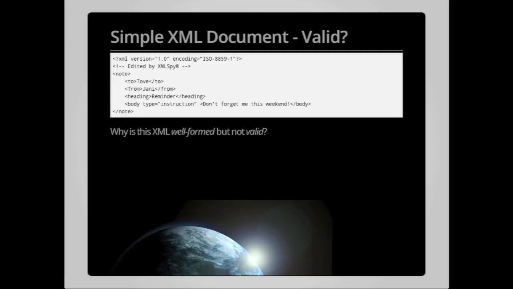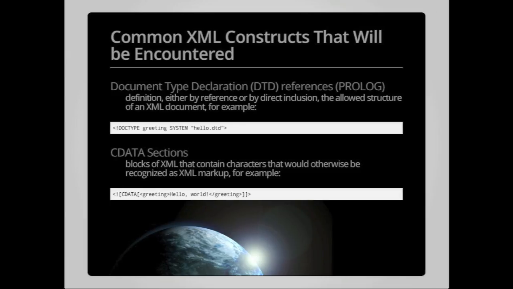And there are some additional elements in XML that you may also encounter. First is a document type declaration within the Prolog. Within that, there's actually the specification of a particular DTD within the Prolog that can be included either by reference or actually by injection into the document itself that defines the structure of the document for validation.